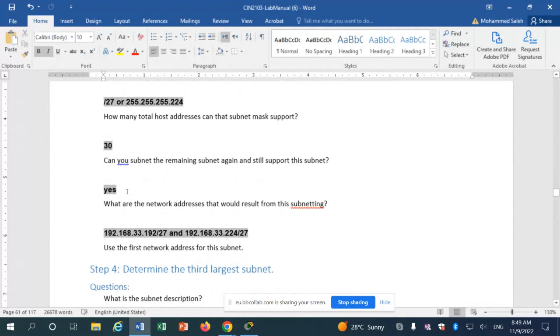Yes, of course. What are the network addresses that would result from this subnetting? Very good. How many bits are borrowed for the network? 3. Let me just mention this point, please. 3. So again, my network now will become this, and this.